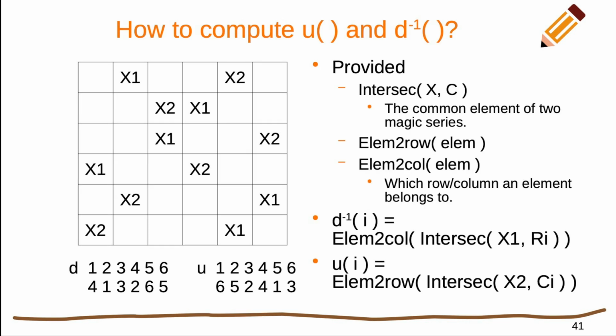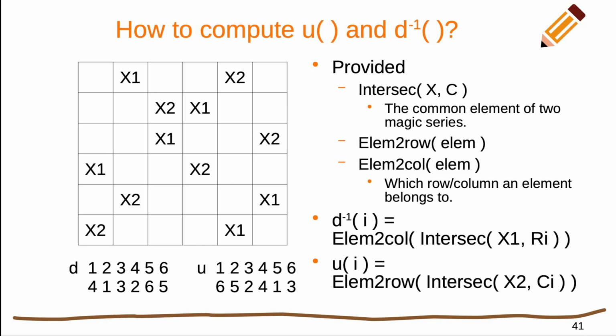Next, we specify how to compute the functions u and d inverse. u(i) is the row index of the element of x2 that lies in the ith column, and d inverse (i) is the column index of the element of x1 that lies in the ith row. To calculate these values in BRC representation, we introduce functions intersect, lm2 row, and lm2 col.